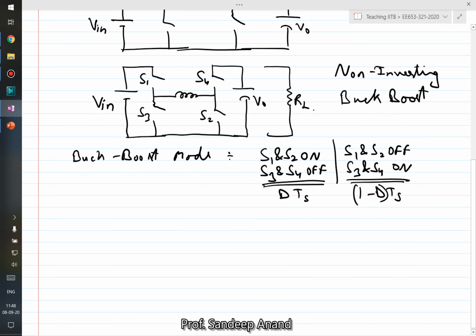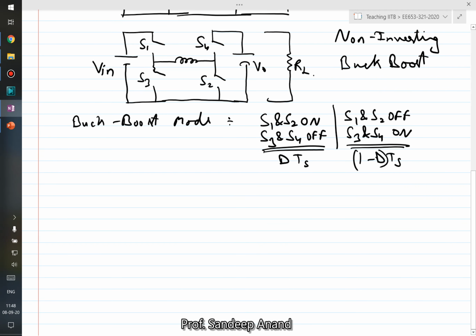How does it look? First, when you have S1 and S2 on, the circuit looks something like this. You have the input voltage, S1 is on, there's an inductor, then S2 is on, and the output is just providing power to the load. In this case, the inductor current rises because of the input voltage.